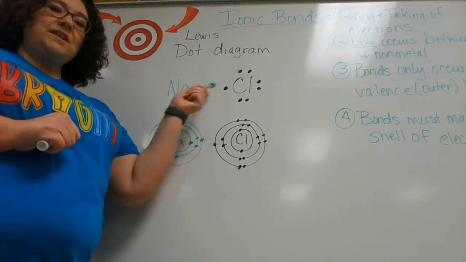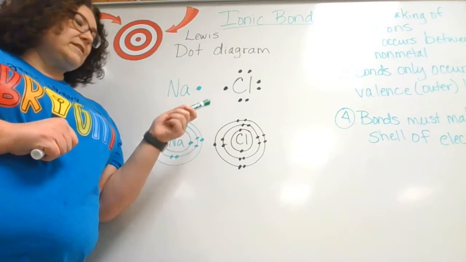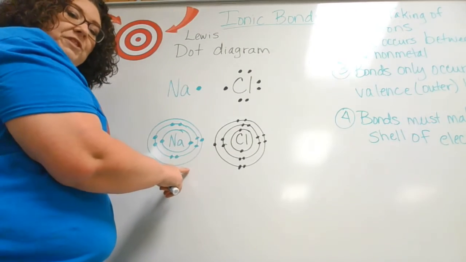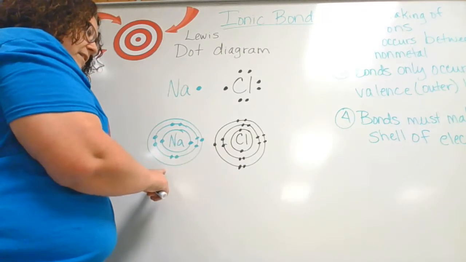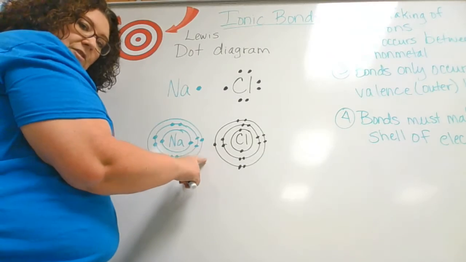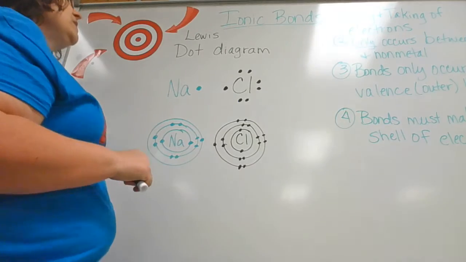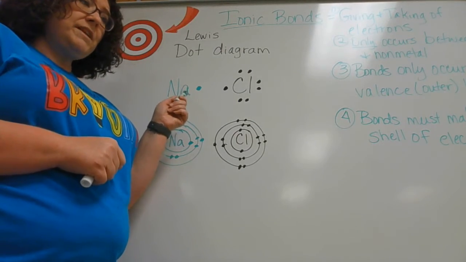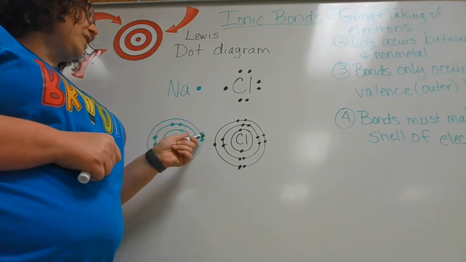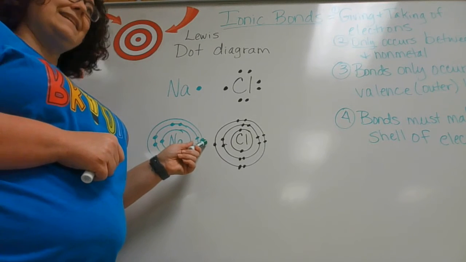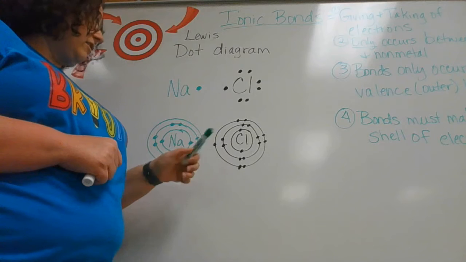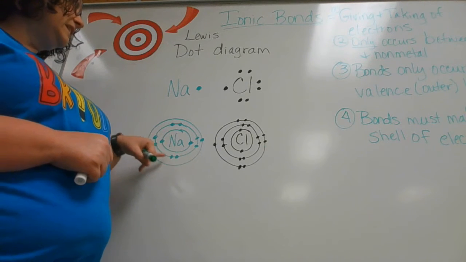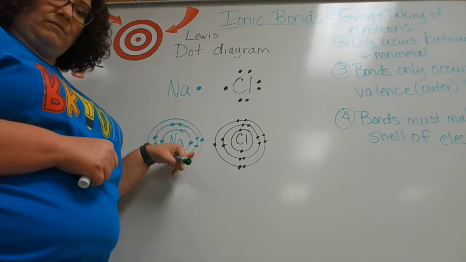So this is a simple way of showing how bonds occur, but I wrote it this way so you can understand why there are full shells underneath each bond. Okay, so as you can see from here, sodium has 1 outer electron that it desperately needs to get rid of, because underneath it has 8 electrons and it has a full shell.